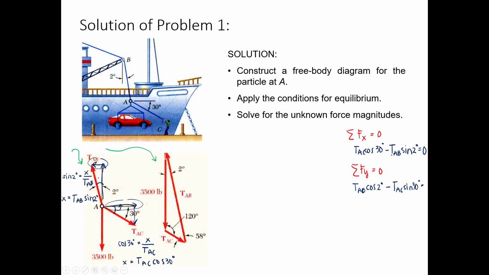It's not yet equal to 0, so we need to subtract also the weight of the car. So minus 3,500 is equal to 0.